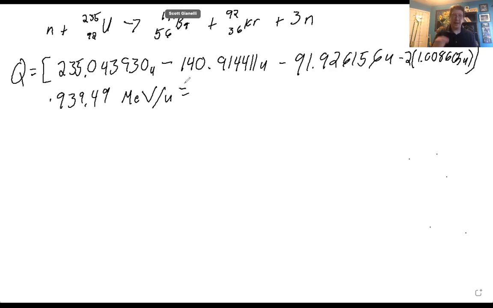You get 0.186033 mass units, and then you multiply that, and you get 174.776 mega electron volts. So a fairly large energy release. Not quite 200, but still very, very large for one reaction within the nucleus.